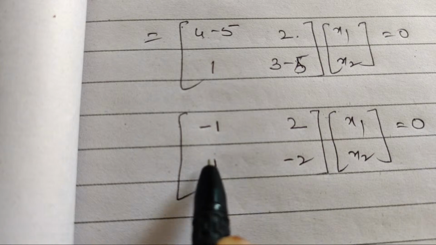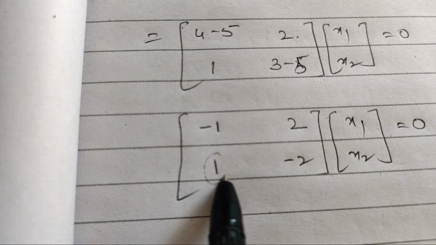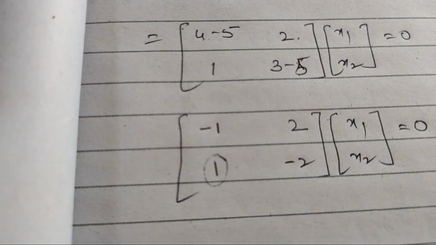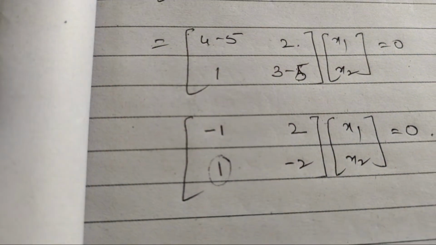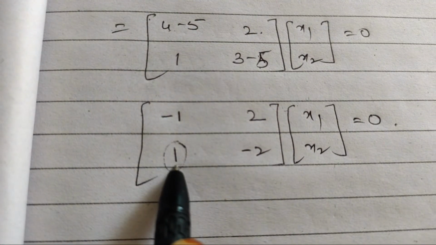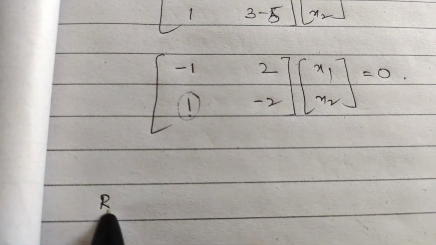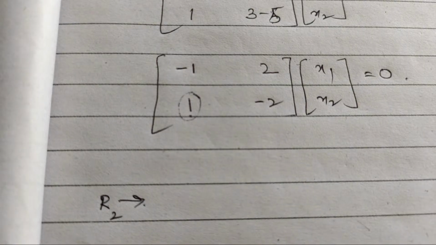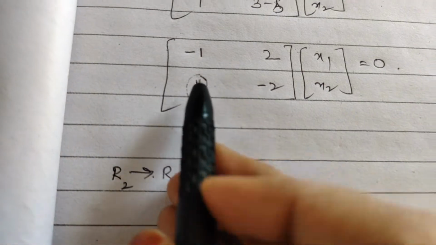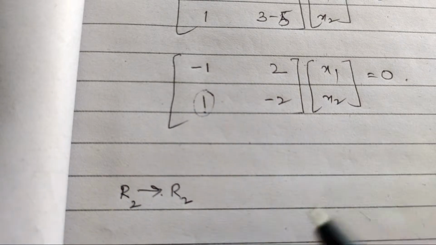Now again I am applying echelon form. In echelon form you have to make the lower triangle equal to 0. According to the echelon form, the second row should contain more zeros, as rows increase, the number of zeros increases. So I have to make this element equal to 0. In coding form, R2 tends to R2 plus R1, since R1 has minus 1 and R2 has 1; adding them gives 0.